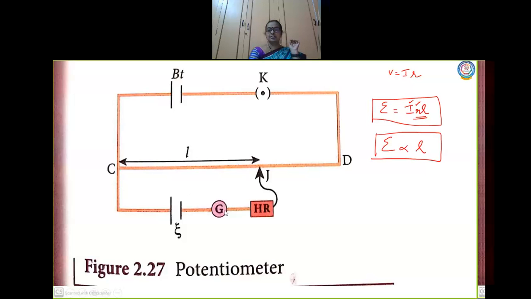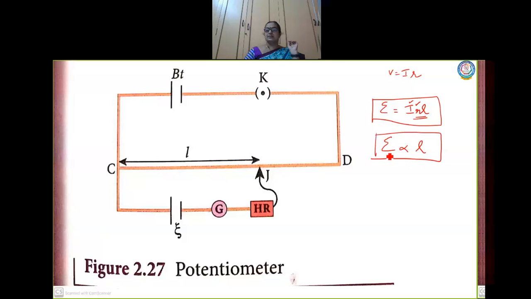So what is the potential difference across Cj? It is given as IrL, where I is the current flowing through the wire and r is the resistance per unit length of the wire. Hence, psi is equal to I into rL. Since I and r are constants, psi is proportional to L; the EMF of the cell is directly proportional to the balancing length. So this is the equation I wrote.